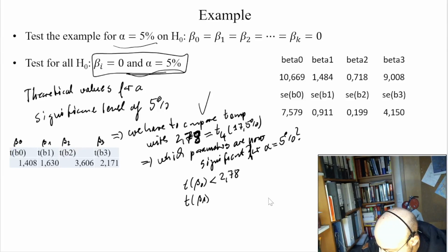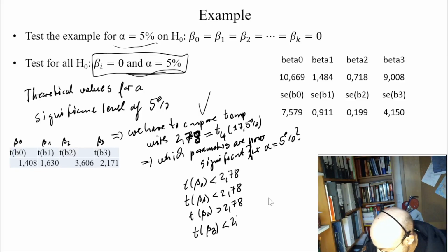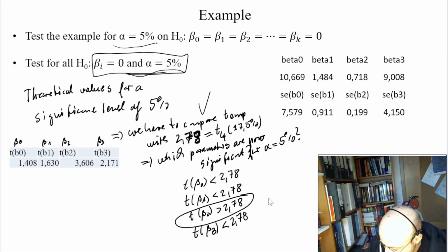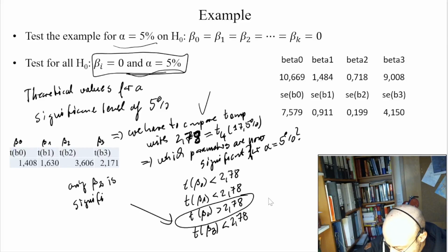T of beta 1 is lower than 2.78. T of beta 2 is larger than 2.78, and T of beta 3 is lower than 2.78, and then of course only beta 2 is significant to a level of 5%.